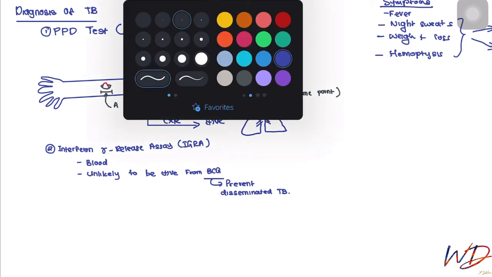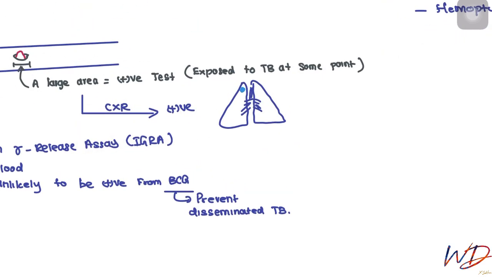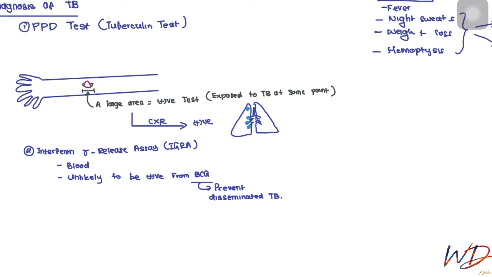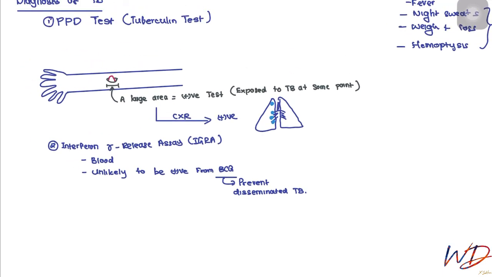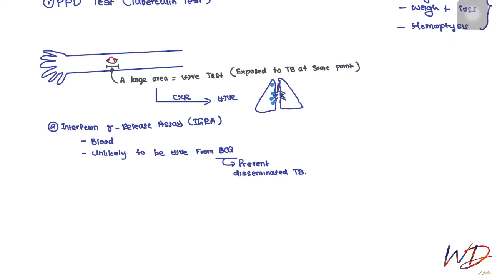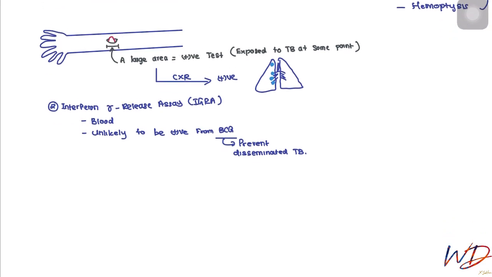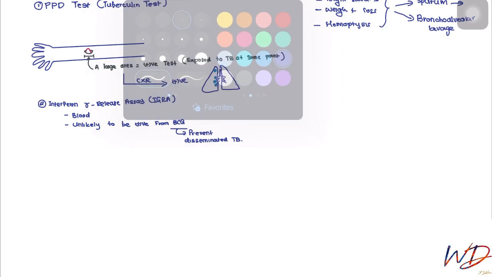So if you see very thick fibrosis-like contour, so if you see thick white dots in the chest X-ray, that is a positive test for TB. Then you need to start treatment.